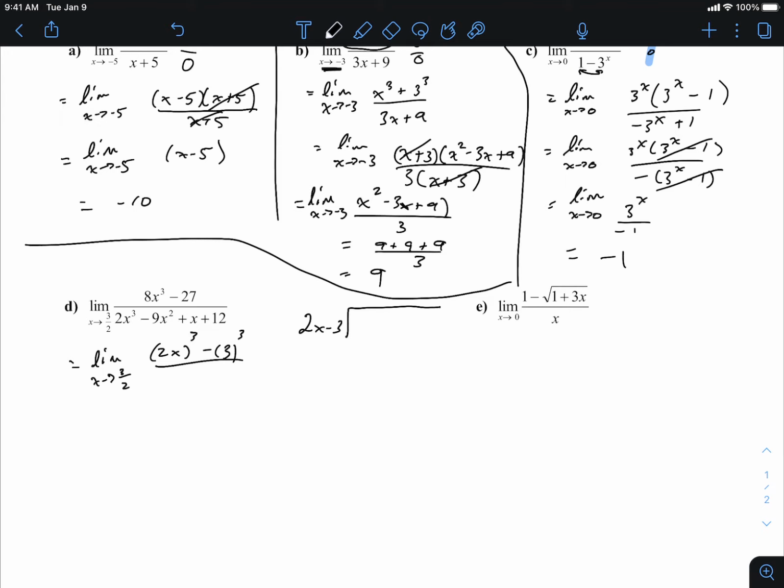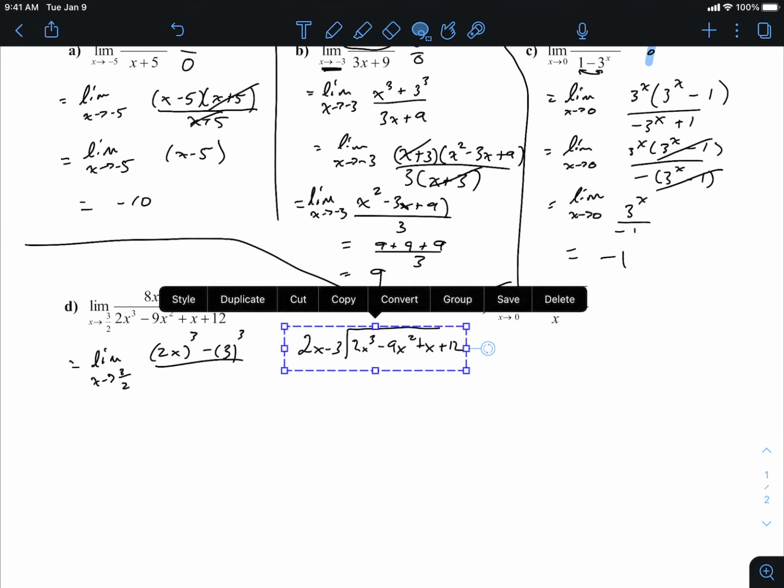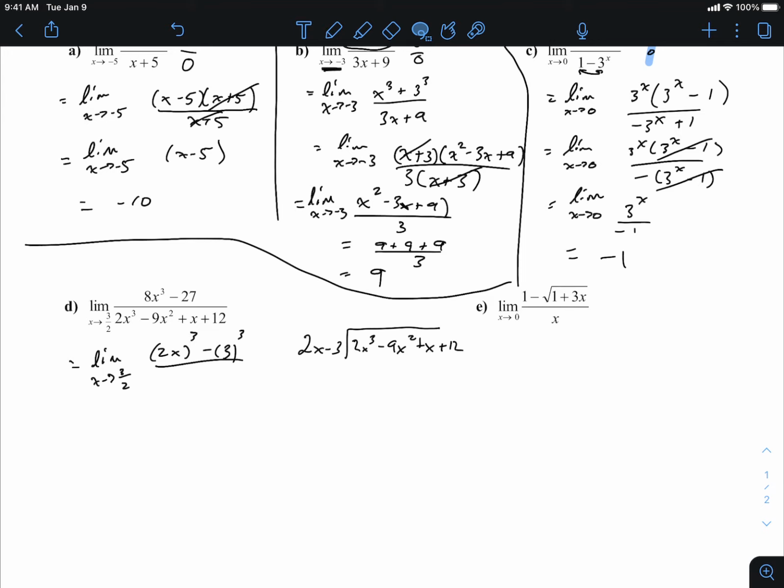Okay, I'm going to divide that into 2x cubed. Oh, I'm going to need to leave myself some space on top too. 2x cubed minus 9x squared plus x plus 12. I'm going to move that down so I have some room here. In typical long division fashion, we're going to divide the 2x into there and see what happens.